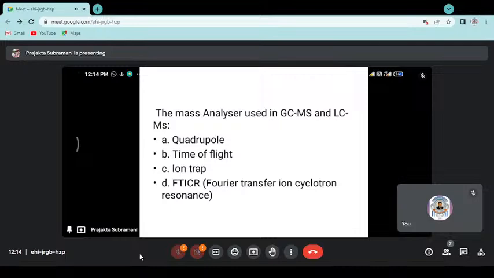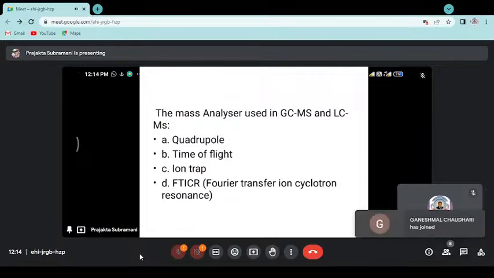Those small ions having a low mass are easily ejected, or easily fly, and are detected by the detector. Those with high mass reach the detector after a time interval. So the time taken to reach the detector is proportional to the mass of the ions.